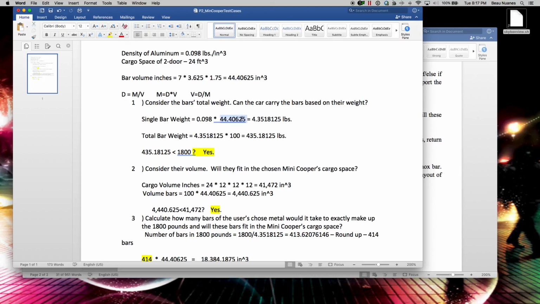And then we have the volume of a bar, which is 44.40625. So that's how we get the mass or the weight for a single bar. Those are just different permutations of the same equation, right? So in this case, we use mass equals density times volume. Okay, thank you. You got it.